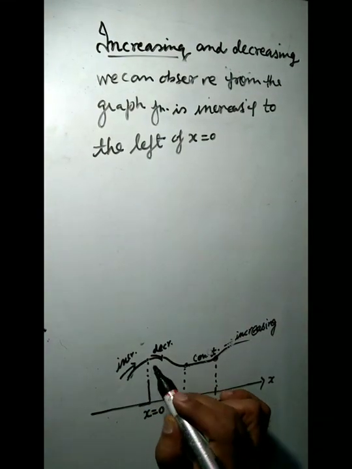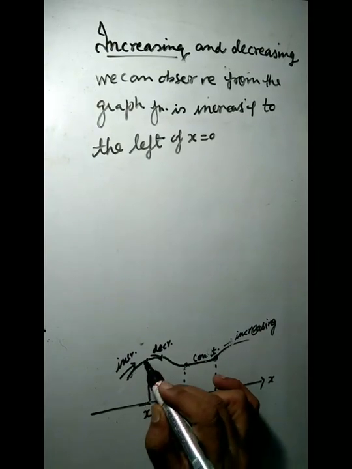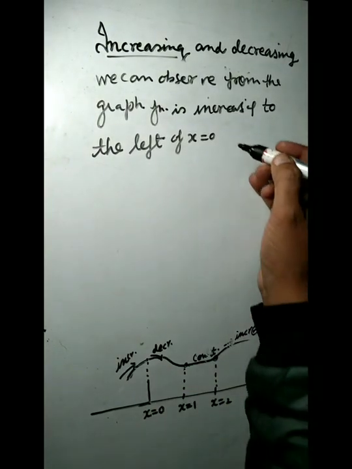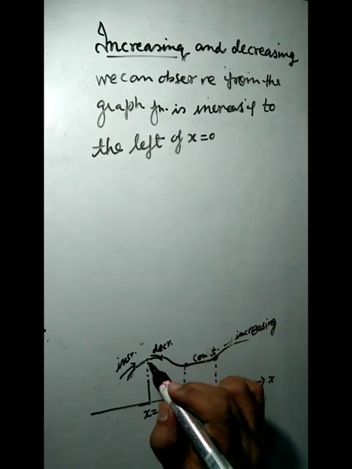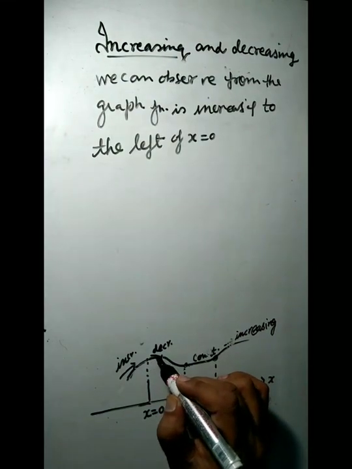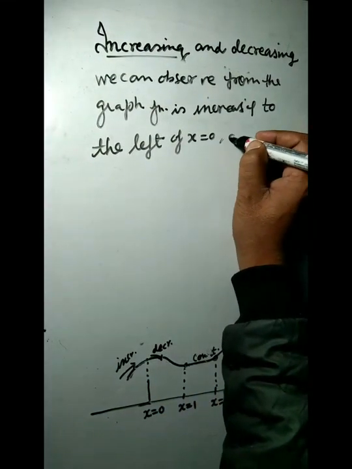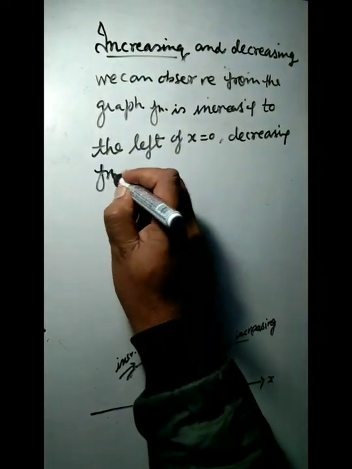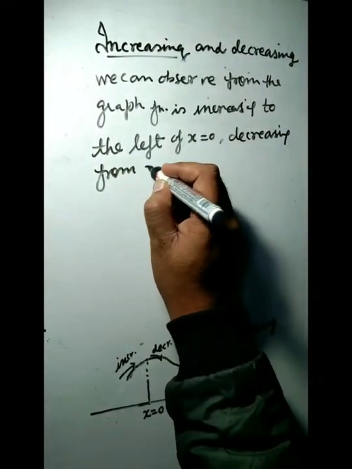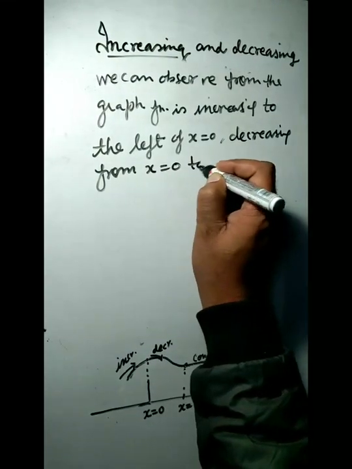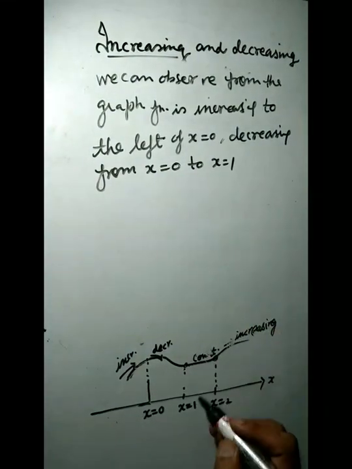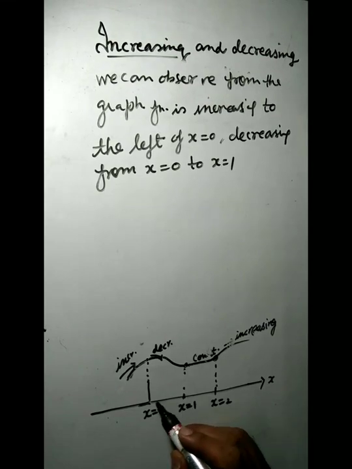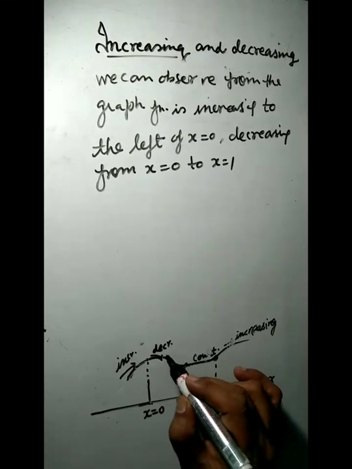Function is increasing to the left of x equals to 0 and decreasing from x equals to 0 to x equals to 1.